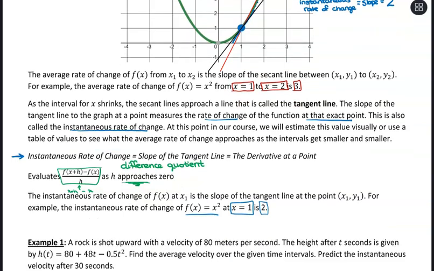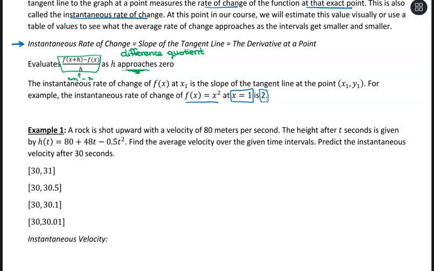So let's start putting some of this into practice with examples here. We have a rock is shot upward with a velocity of 80 meters per second. The height after t seconds is given by our function right here. And we want to find the average velocity over the given time intervals and predict the instantaneous velocity after 30 seconds.